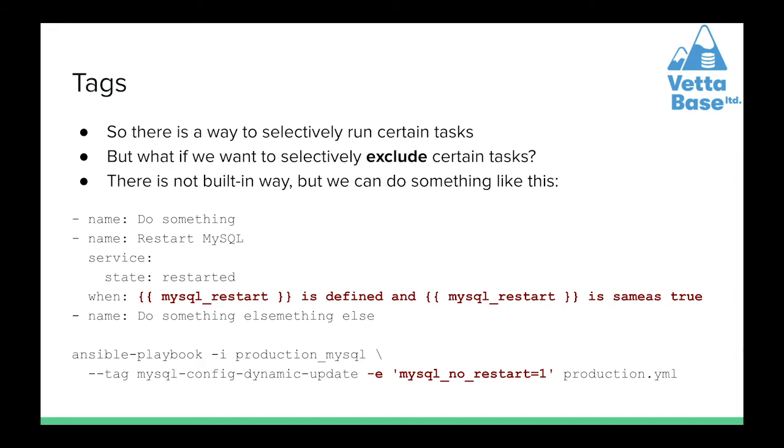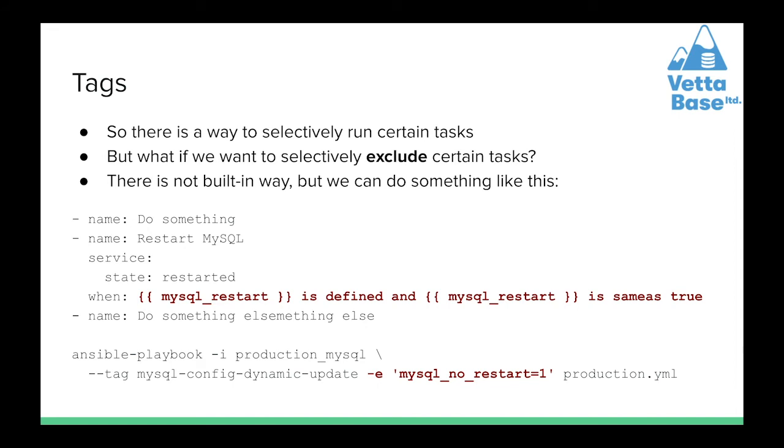Basically, we check if a variable exists, a variable called MySQL restart, and if it is set to true. Okay, we don't want to define such a variable in a file, right? Because this is something we optionally use one time.